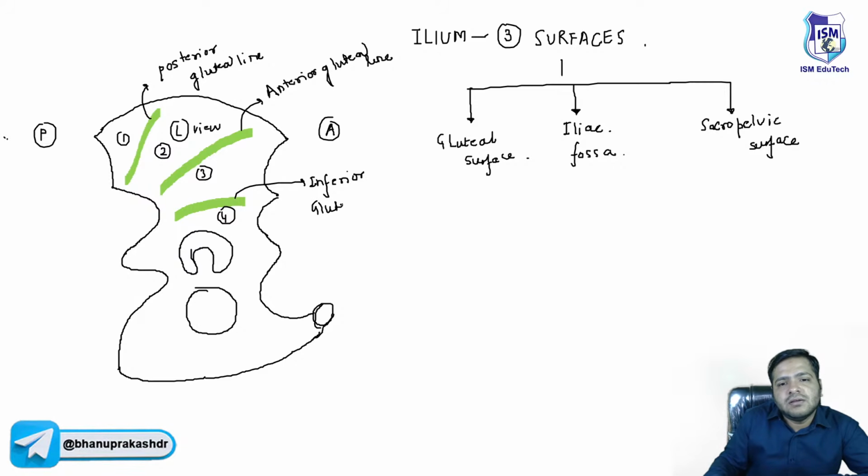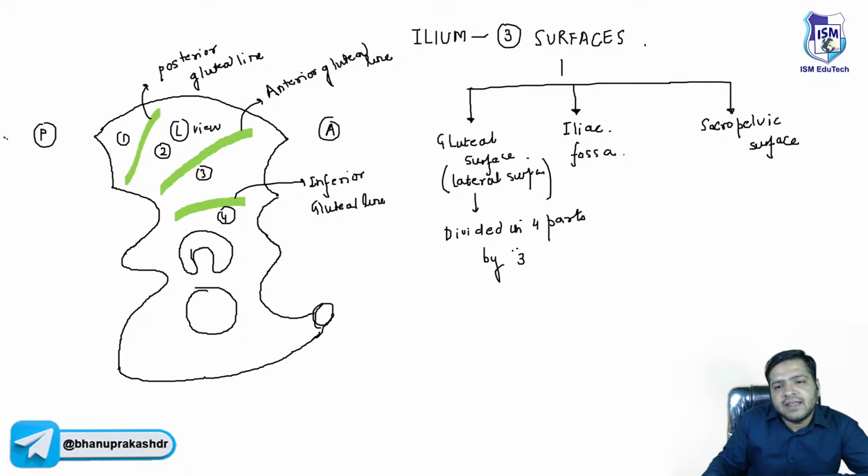The gluteal surface or the lateral surface, I would say, is divided in four parts by three lines.